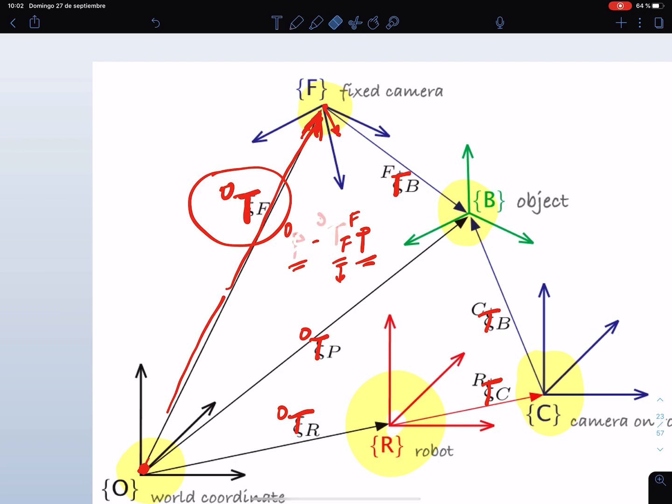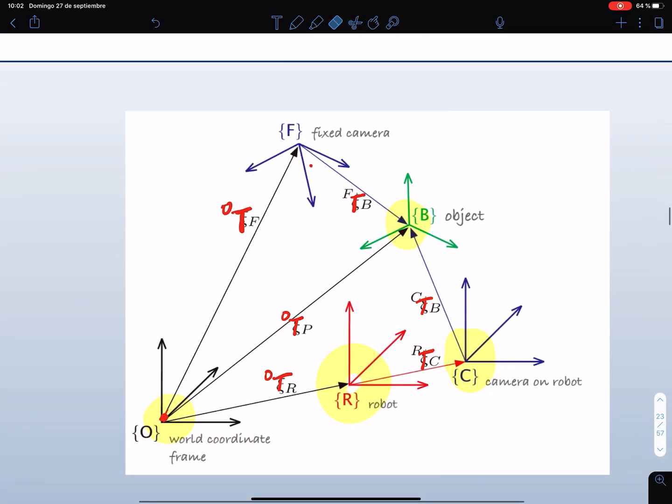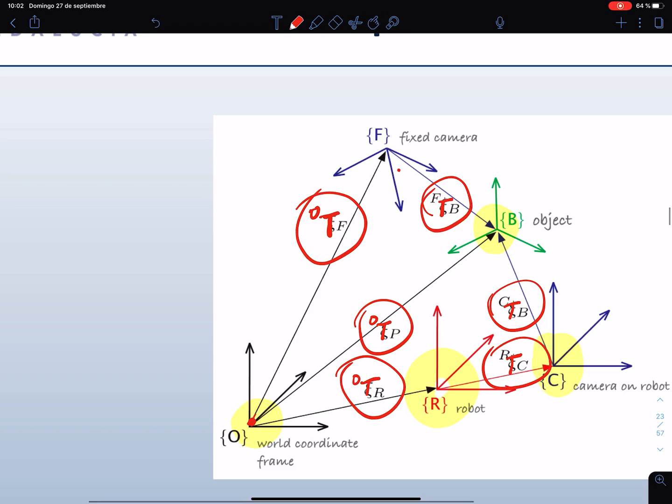Okay, so let us erase extra information that we don't need now. Okay, this is the setup that we have. So, assuming that we have all these matrices, assuming that they are given to us, how could we compute the transformation matrices that transform any coordinates from any of those reference frames to the origin?